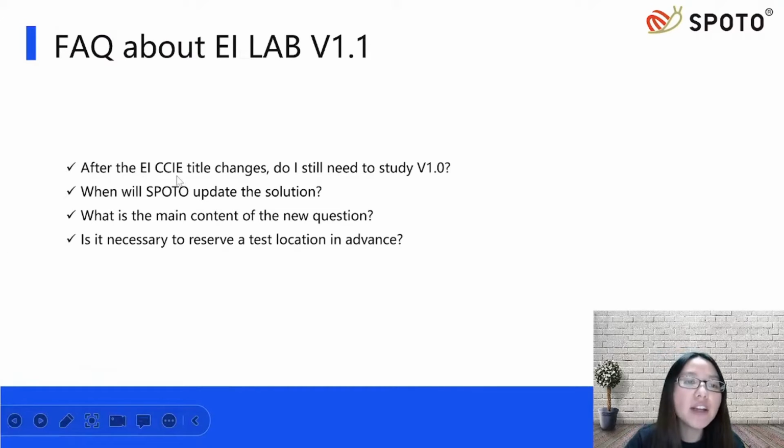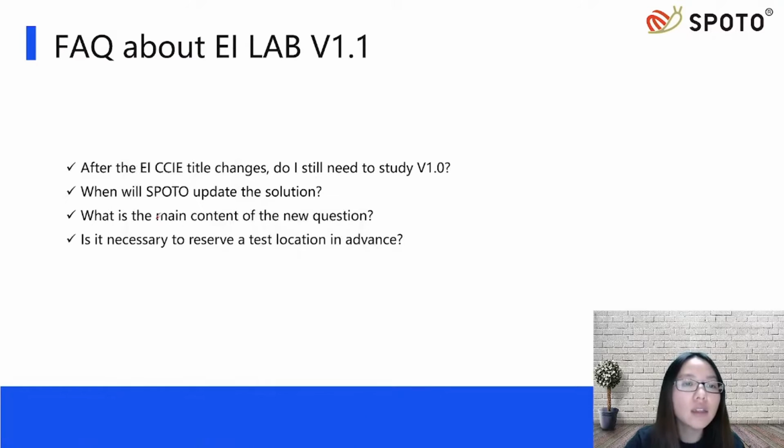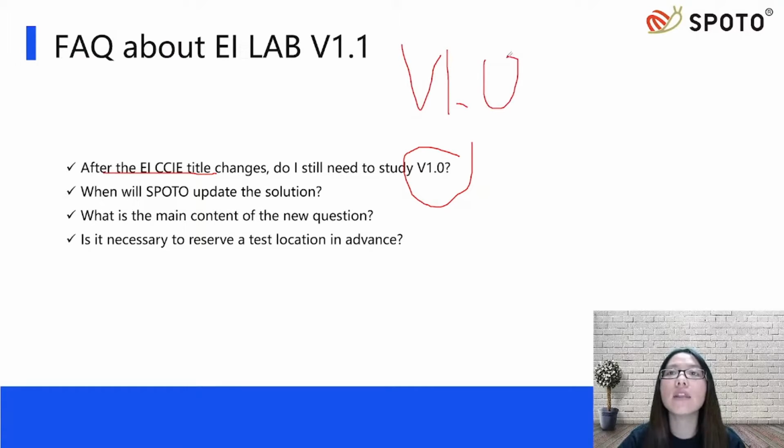First, many friends ask me about the CCIE Lab questions: after the EI Lab CCIE title changes, do you need to study version 1.0? According to Cisco's past changes, both version 1.0 and version 1.1 need to be mastered and will be randomly selected.